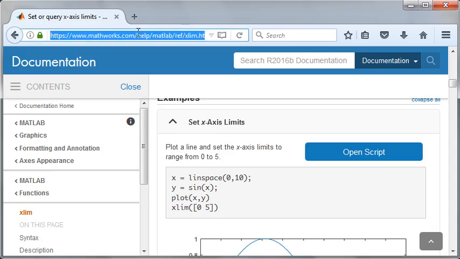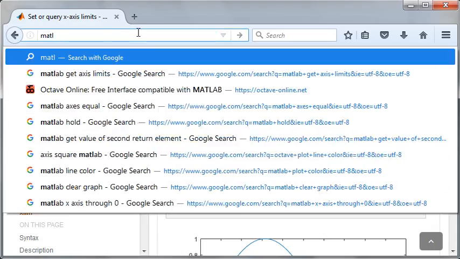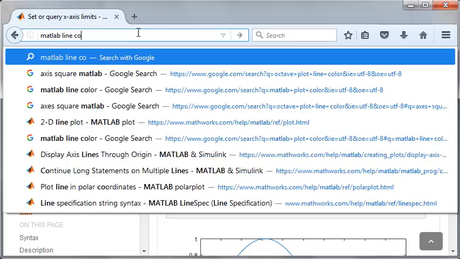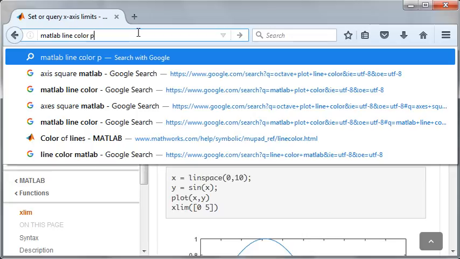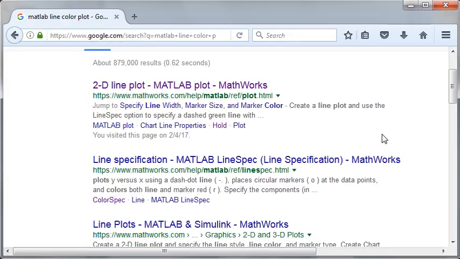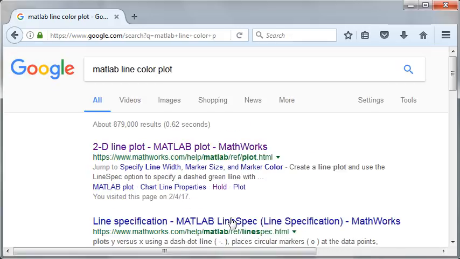Let's try MATLAB. I'm googling, or searching, on MATLAB line color in a plot. 2D plot. Specify line width, marker size, and marker color.